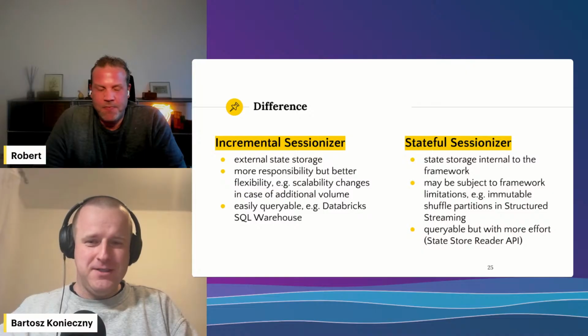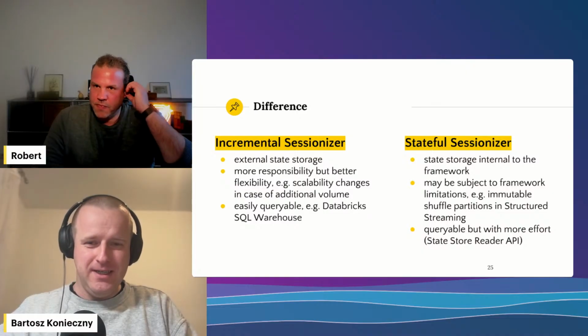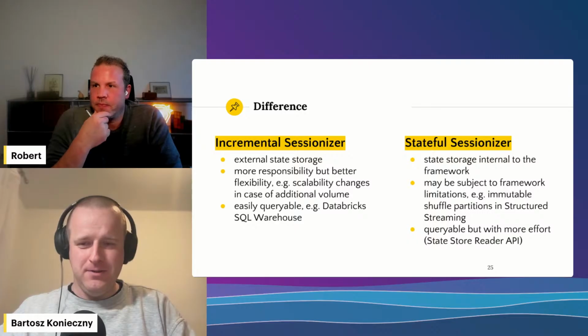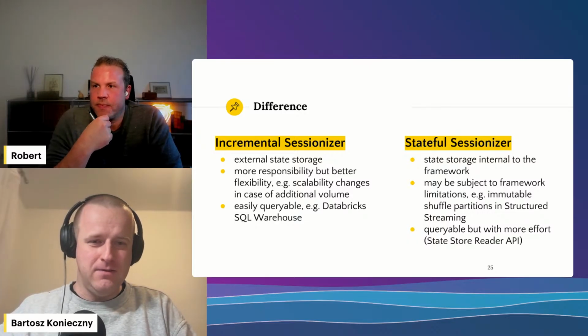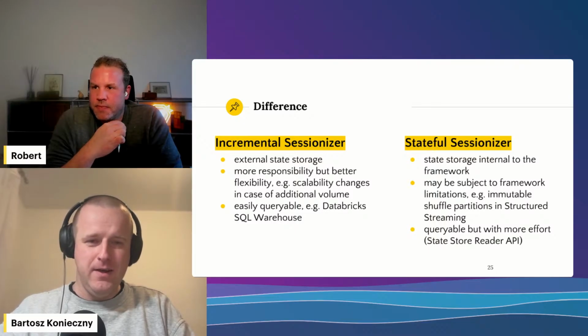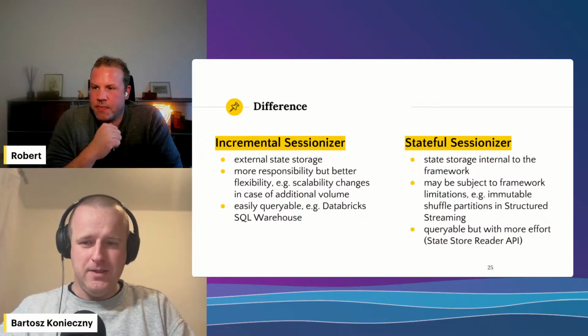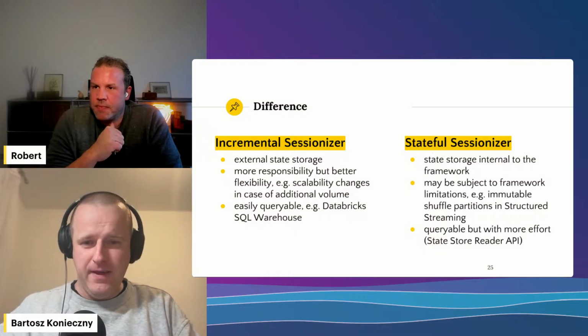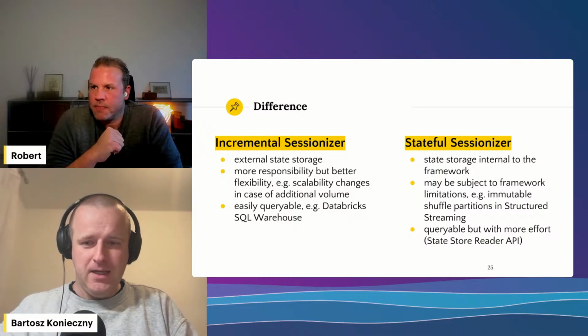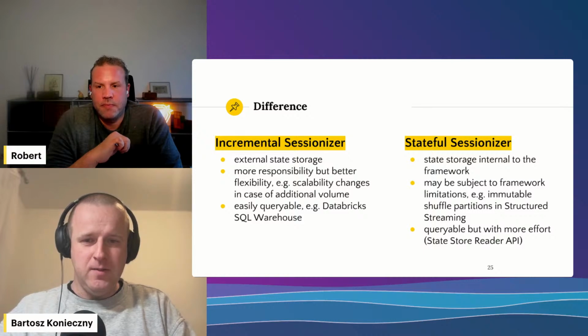And among the big differences is this state storage, like external storage for the incremental, where you rely on a Delta table, versus state local storage implemented as RocksDB or a Java HashMap, but RocksDB is much more performant for that. On the other hand, you have more flexibility for the incremental storage.